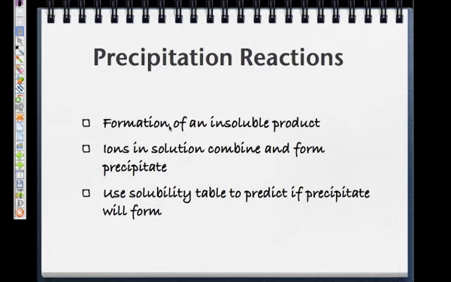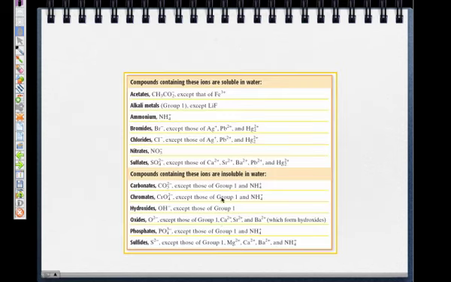So we'll go through how to use this table. Kind of look it over. This is just another table that gives you the same information.